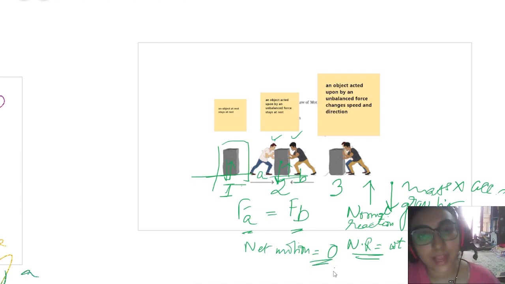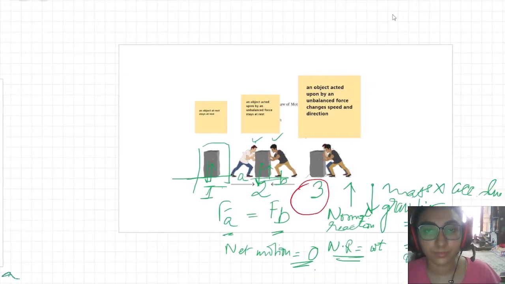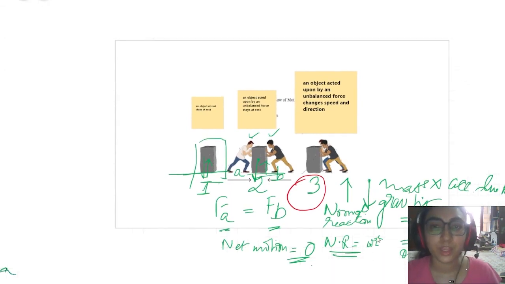Okay. Now let's take up the third case. So here, an object acted upon by an unbalanced force changes its speed and direction. So you can understand here that both the guys have come on the same side.